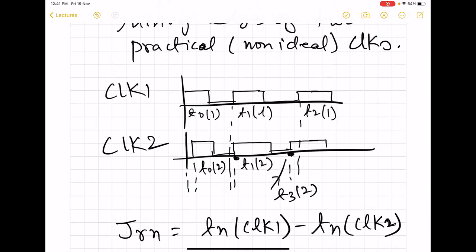Say we have here period of non-ideal clock as say T1, T2, and so on and so forth. So this period jitter is specified as difference between these periods and the period of the ideal clock. Or this can be calculated as the difference between the rising edge of two cycles.